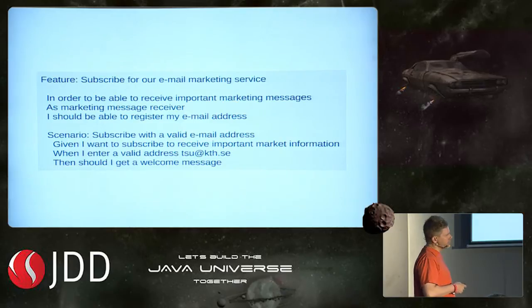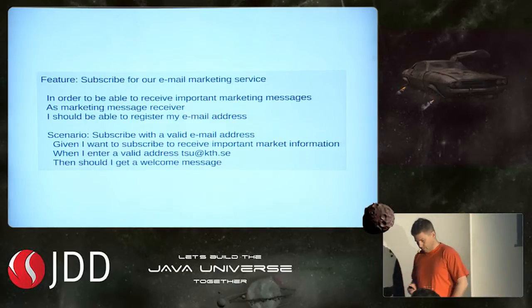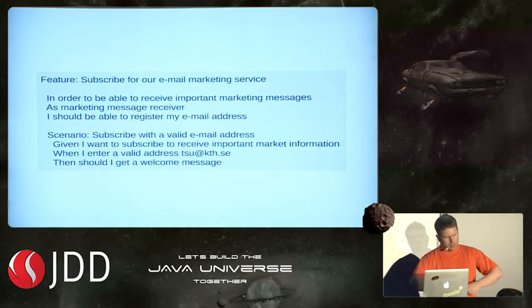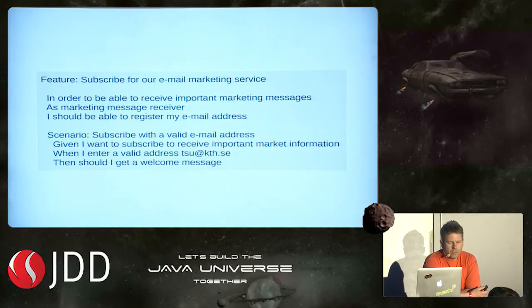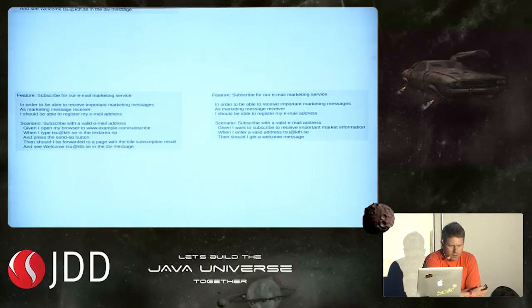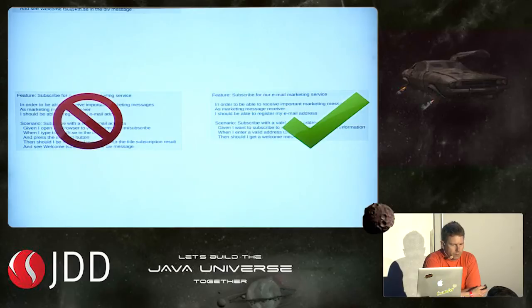Okay, so this means that we will use some kind of magic and make sure that we can enter some kind of address. And then enter that address, and then verify. So given something, when I enter a new address, then we should see a change. This is discussing the behavior, not the implementation. So this is good, that one is not.